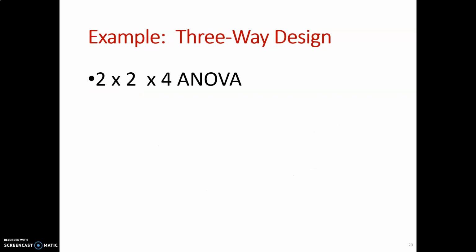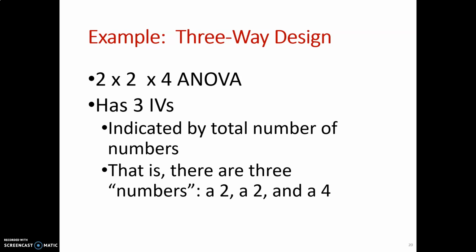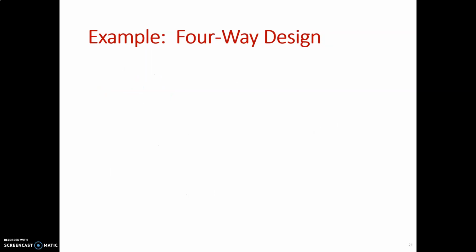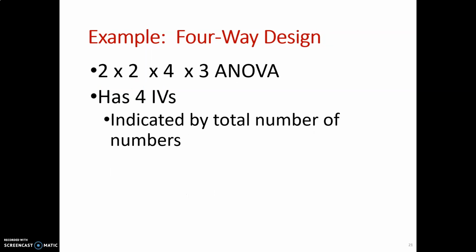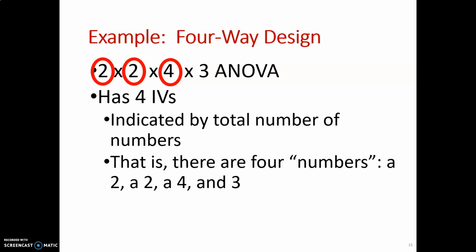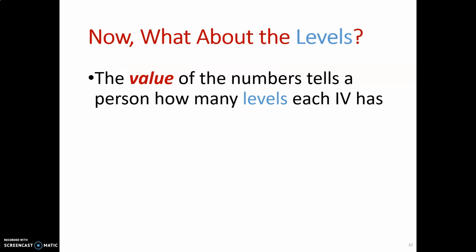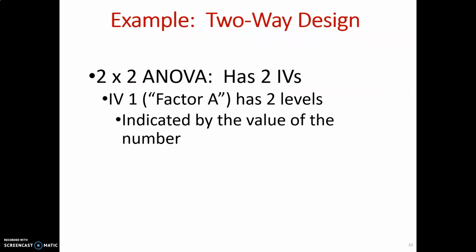If we had a three-way design, you'd see it this way. We have three independent variables, each with its own levels, 1, 2, 3 factors. If we had a four-way design, four independent variables, 1, 2, 3, 4. Now, the levels, the value numbers, tell us how many levels are in each independent variable.